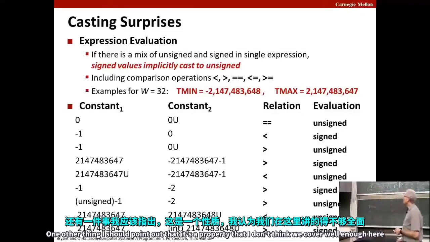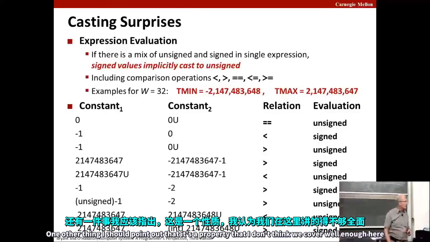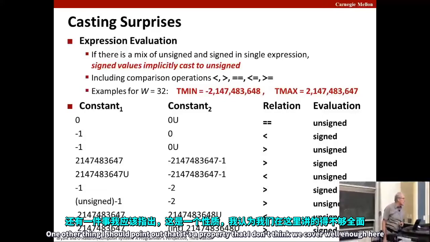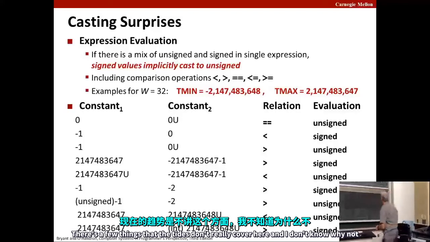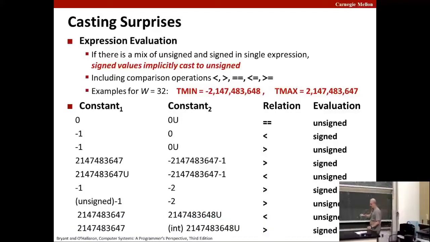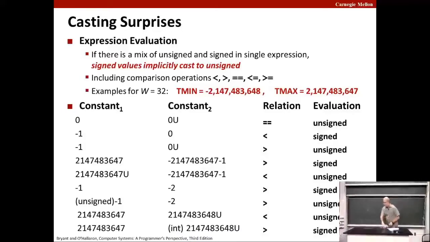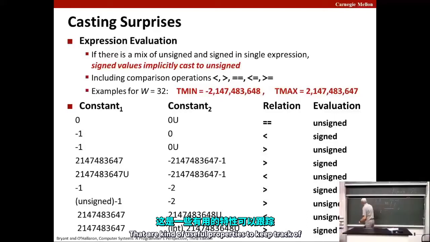One other thing I should point out is a property that I don't think we cover well enough here. There's a few things that the slides don't really cover, and I don't know why not. I like to point out some useful properties to keep track of.